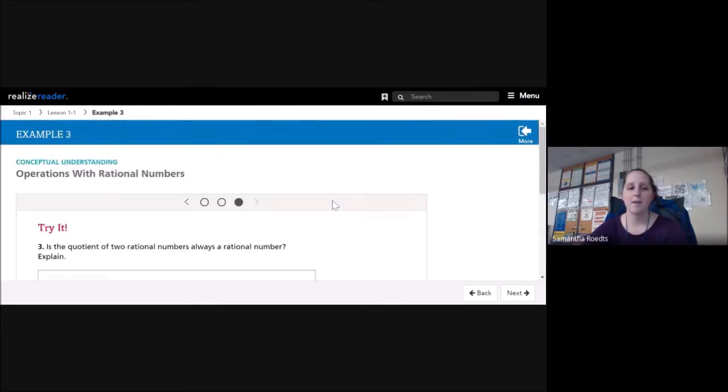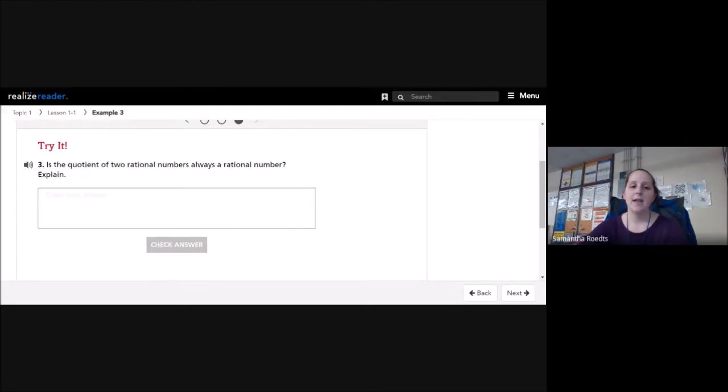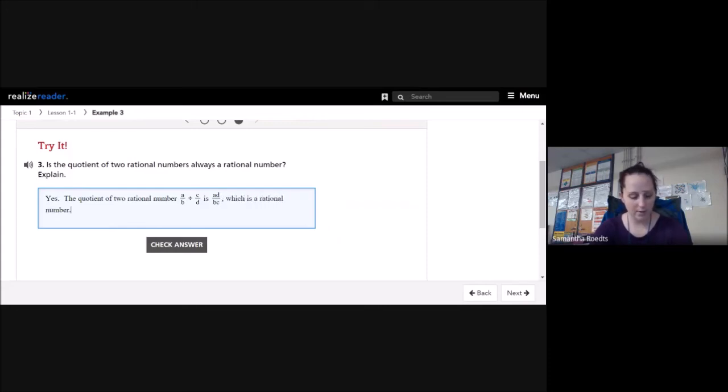All right, so let's try it out. Is the quotient of two rational numbers always a rational number? Explain. Okay, so using the same type of logic, yes. The quotient of two rational numbers, A/B divided by C/D, is AD over BC, which is a rational number.